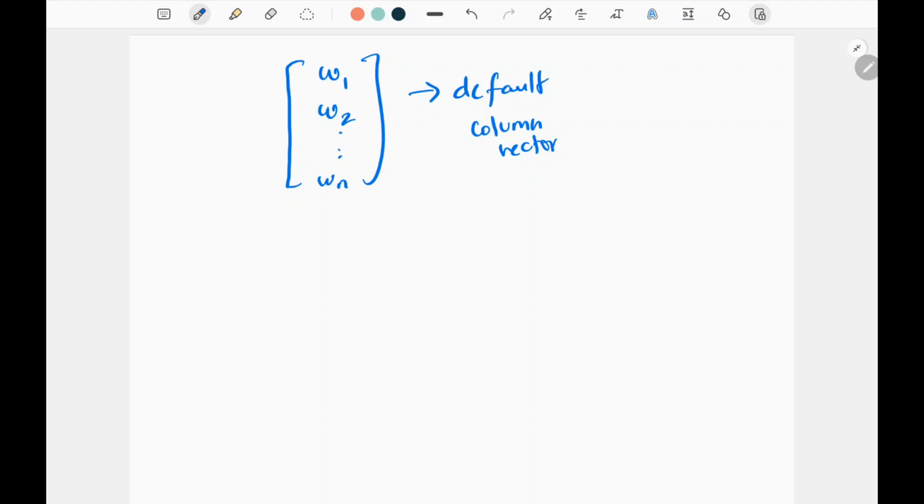So how can we represent it in a plane representation? The plane equation is nothing but w0 plus w transpose x equals 0. This w is n cross 1 and this x is n cross 1.